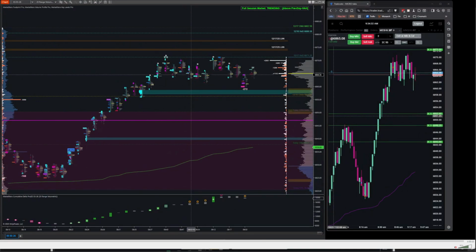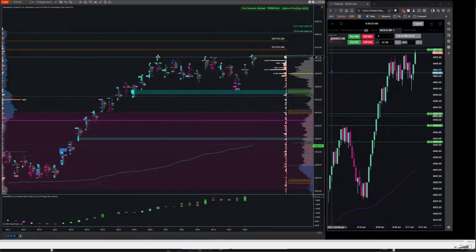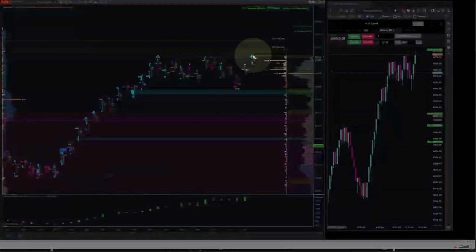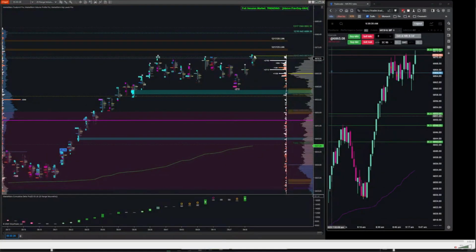And finally, price did move after that absorption you see up here. We see there's that zero print and volume imbalance. Let me continue moving this forward in time.